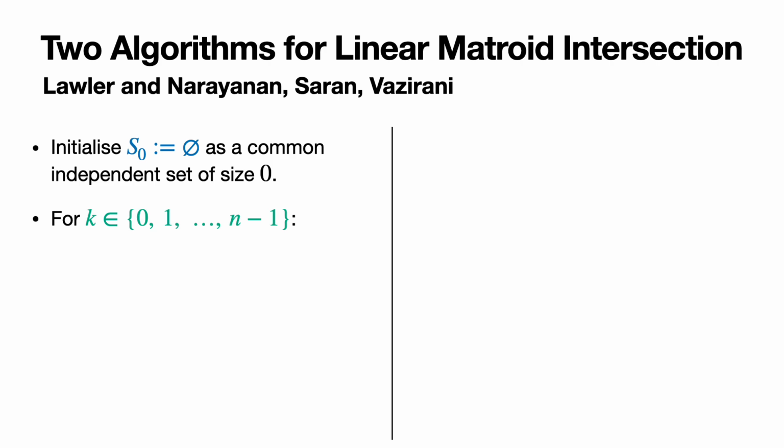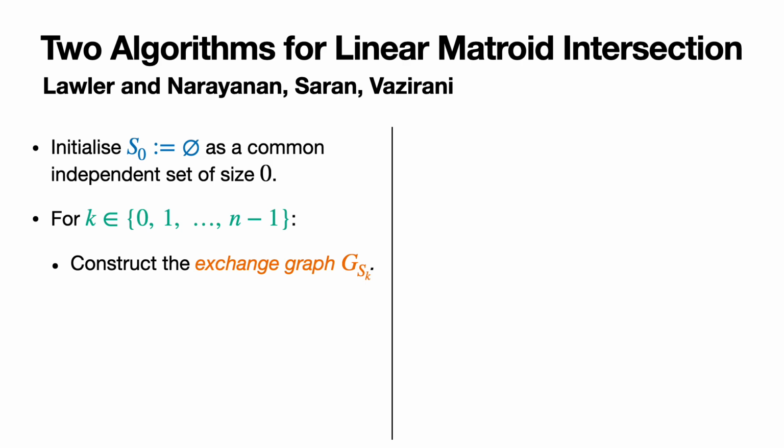Now, for k increasing from 0 to n minus 1, it constructs something called the exchange graph of Sk. Okay, so this is a directed graph, and it can be node weighted, can be unweighted, depending on how you use it. If you don't know what this is exactly, don't worry about it, but you can find it in any standard textbook. And you should think of this as maybe the analog of the residual graph in matchings and flows. Okay, so it's essentially the same kind of object.